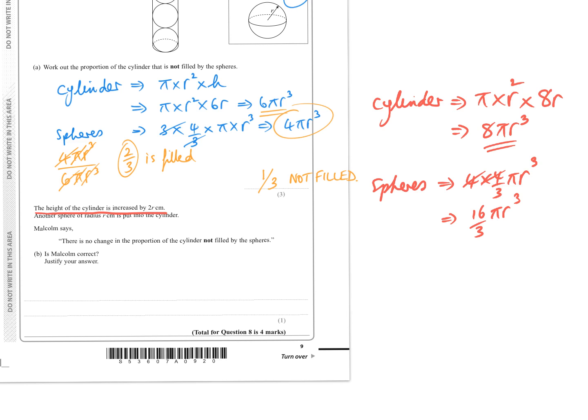pi r cubed, and we want the proportion of the spheres to the cylinder. So we would have 16/3 pi r cubed, and here we'd have 8 pi r cubed.